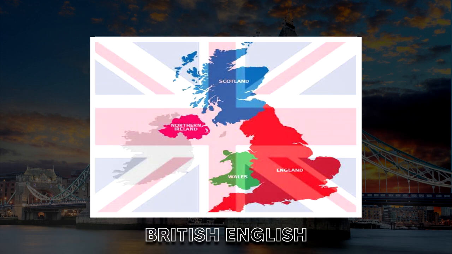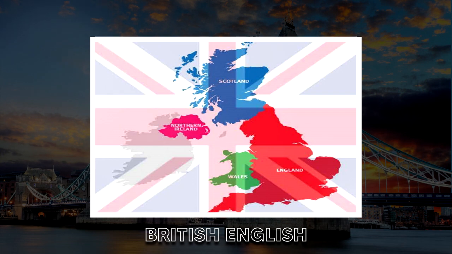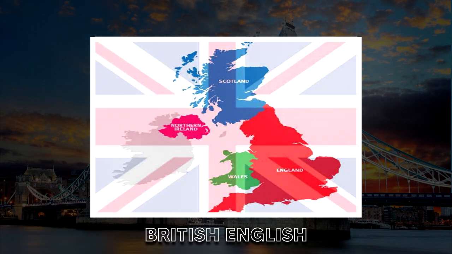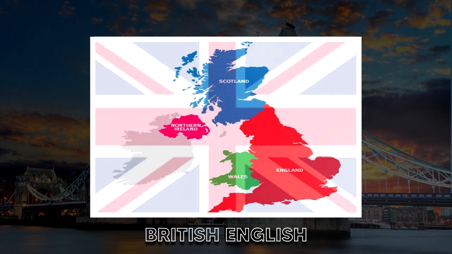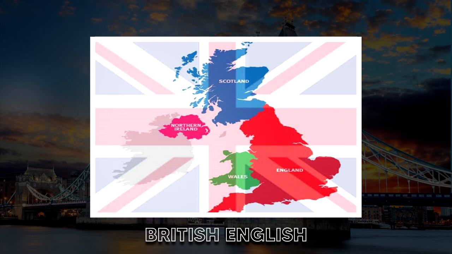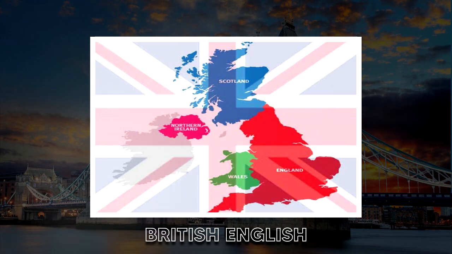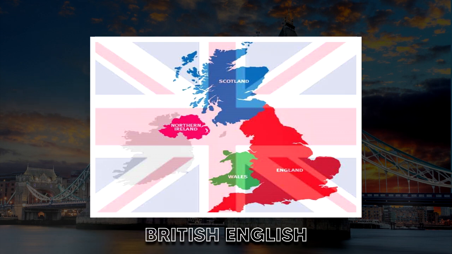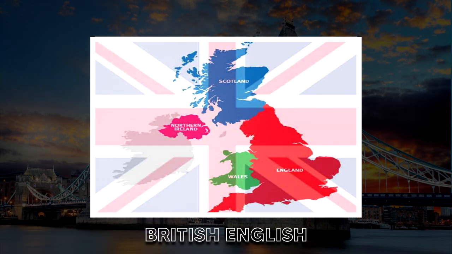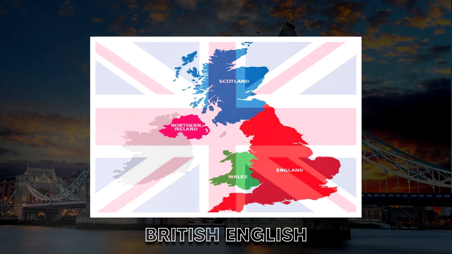Nevertheless, there is general uniformity in written English within the United Kingdom, and this could be described by the term British English. The form of spoken English, however, varies considerably, more than in most other areas of the world where English is spoken, so a uniform concept of British English is more difficult to apply to the spoken language.